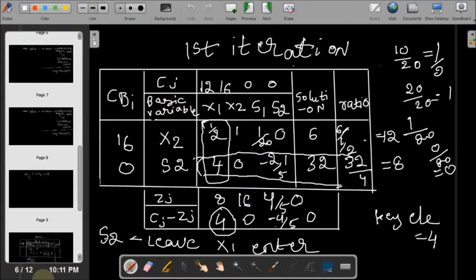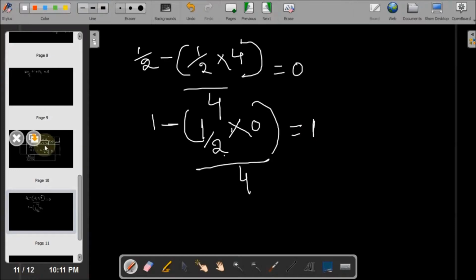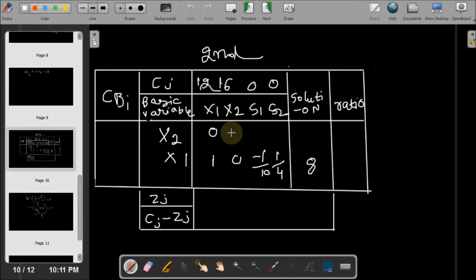So that's why I will write it as 0. Right? So what is the corresponding key element? 4. It remains the same. So the value here is 1. So the new value of this x2 is 1.